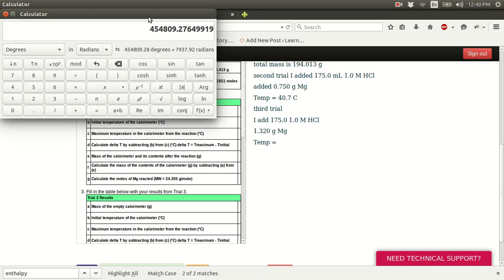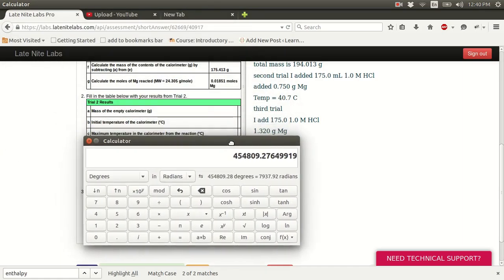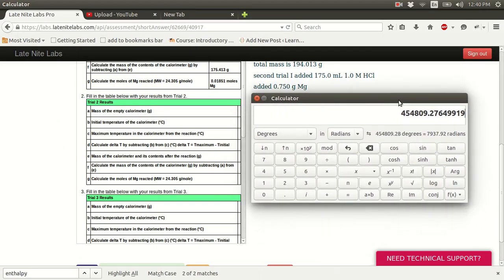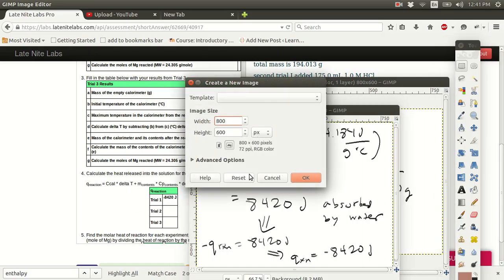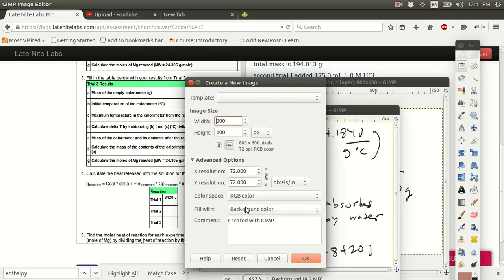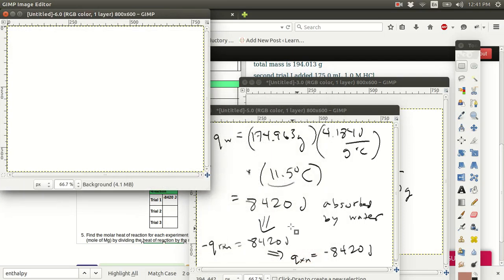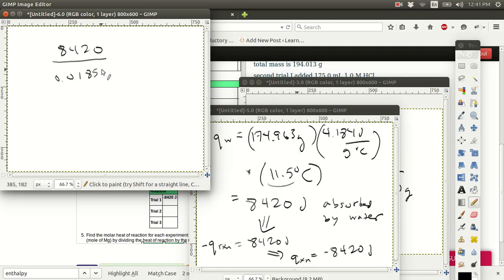So you can use the number of significant figures that you prefer for this particular class, but I'm going to do this right. It was 8,420. Here, let me just show you what I'm doing here. So it was 8,420 divided by 0.01851 moles.